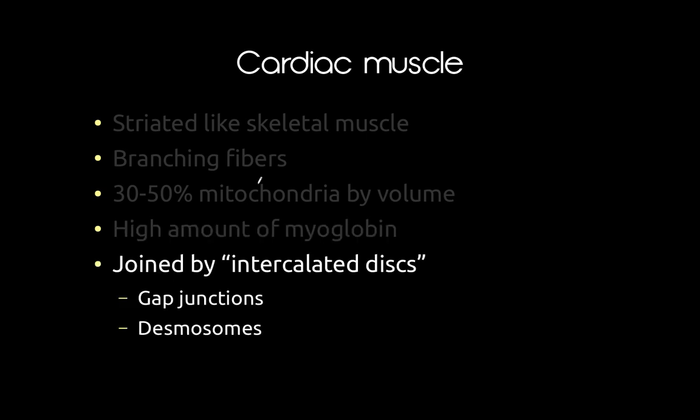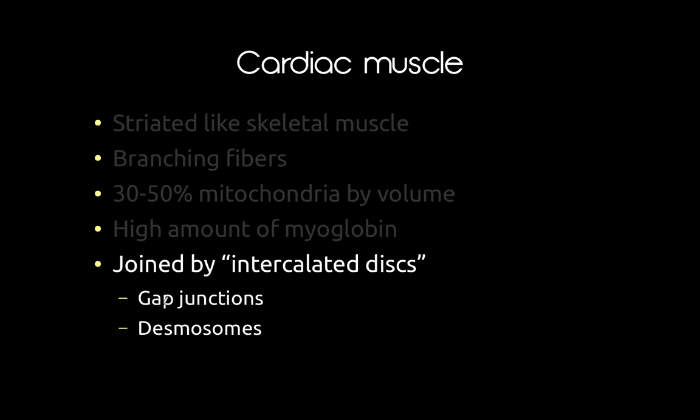Now, all these different cardiac muscles are going to be joined by this particular kind of joint between the cardiac muscles called intercalated discs. They're essentially just this flat interface between the ends of two cardiac muscle fibers. And there's two different things in here that are important. First off are these gap junctions.